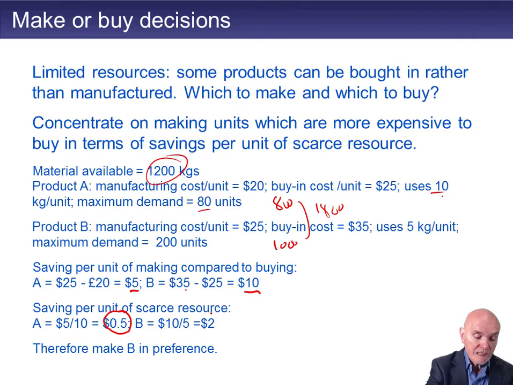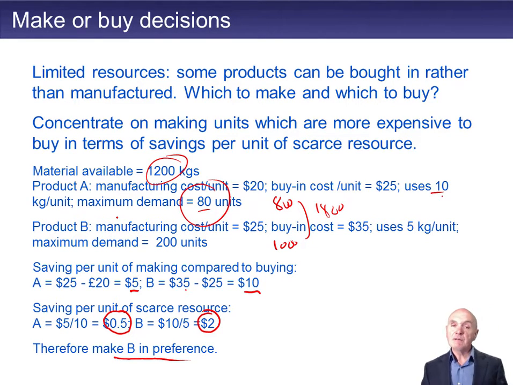The other one, we're saving 2. Therefore, the best saving comes from making B. So make B yourself, make as much as you can of A, and then for any remaining units of A you need to get up to the maximum demand of 80, go out and buy it.